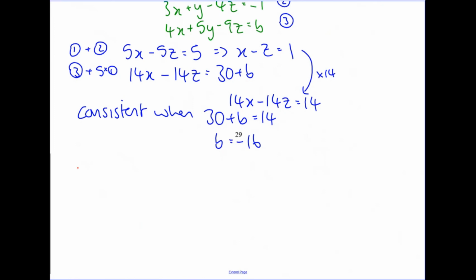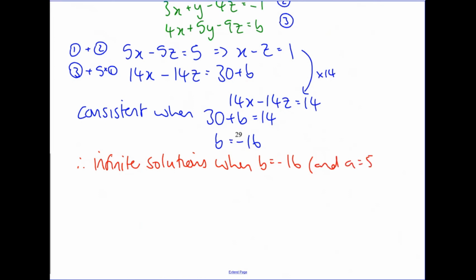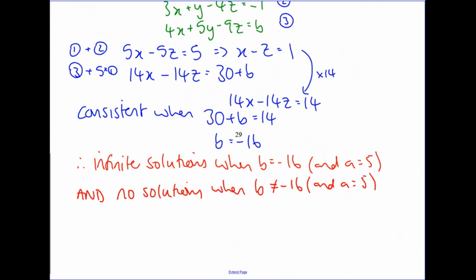So there are infinite solutions when b equals minus 16 and a equals 5. And there are no solutions when b is not equal to minus 16 and a is equal to 5.